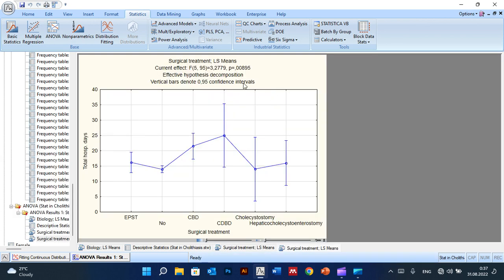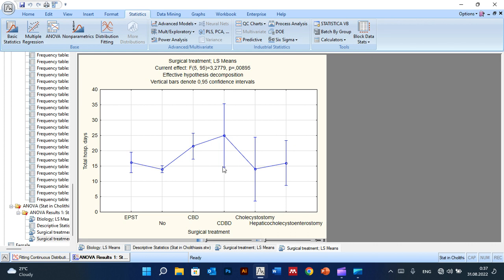Okay, this is amazing. So it is statistically significant. There is a difference between the total hospitalization days of each surgery. The longest hospitalization days are reported in the CDBD type of surgery. So it is statistically significant.